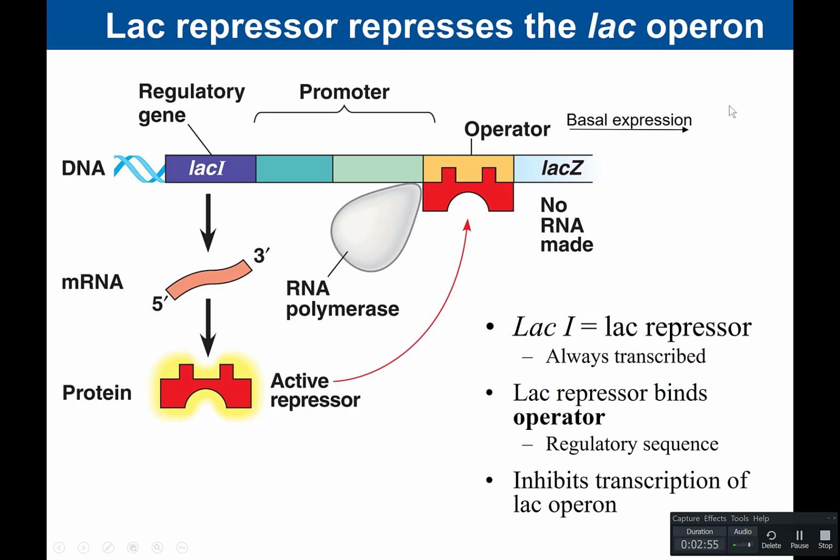What that basically means is background levels. It's going to turn on a little bit of expression, and you're going to see in a minute why you actually need a little bit of these enzymes being produced at all times, but it's at a very, very low level. So in this case, we consider it to be off. Default is going to be off. In the absence of lactose, this gene is going to be turned off.